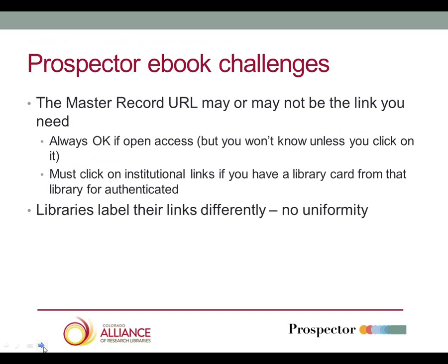As you know, there's a master record in Prospector, and that has a URL. The problem is that the URL is inherited from the master record owner, so that's the URL you see, even if other libraries have a different URL. So it makes it a little bit tricky.